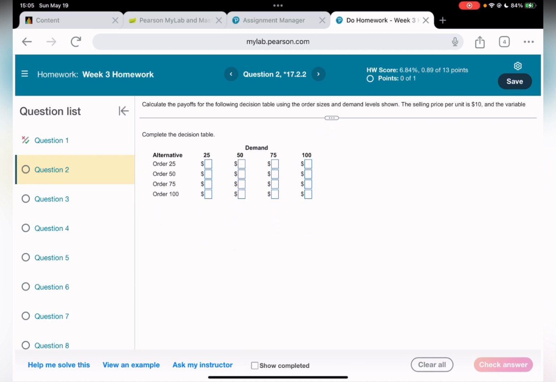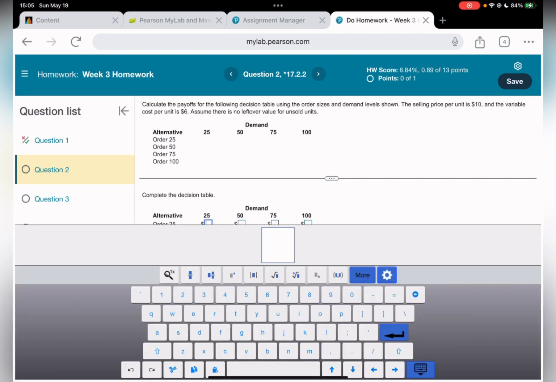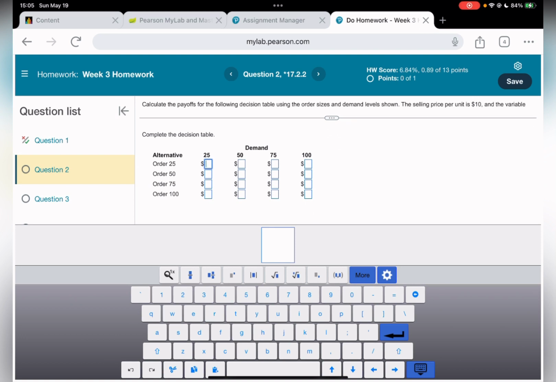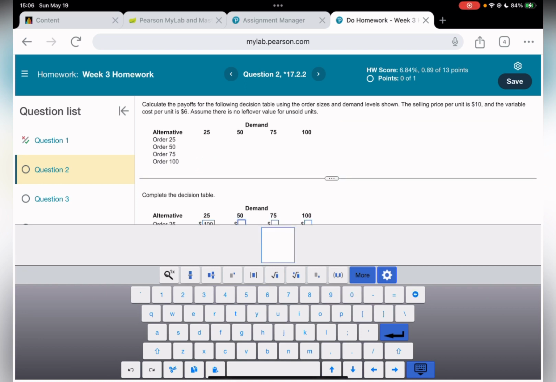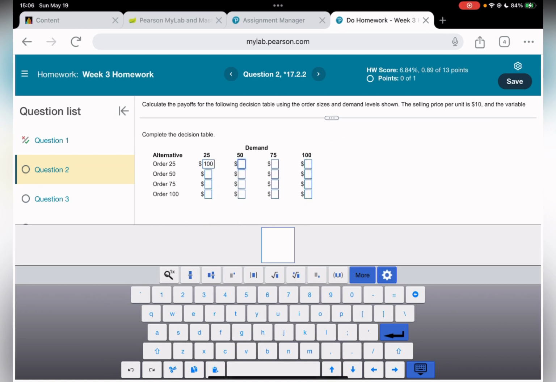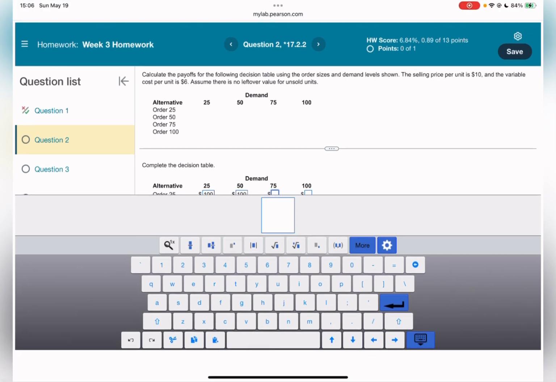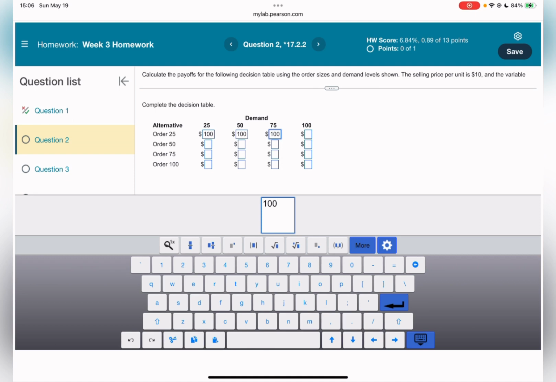Okay, like this. 425, it's gonna be 100. 450 is gonna be 100. 75 is 100, and 100 is 100.